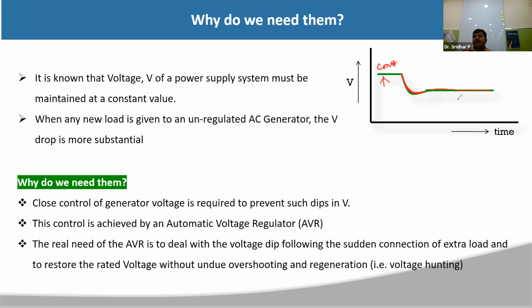This is called the sag, or voltage dip. The voltage will not change drastically all of a sudden, but within a short period. If we know exactly the time, then we can say at what rate the voltage has changed from the constant value to the sag or dip.